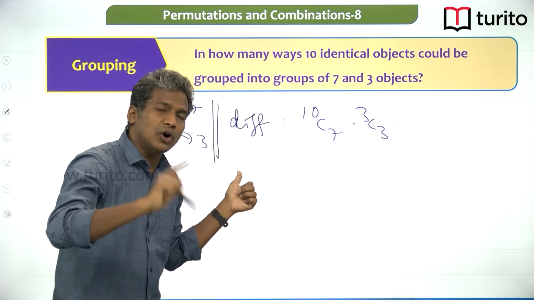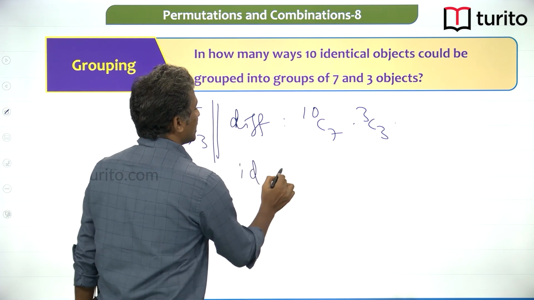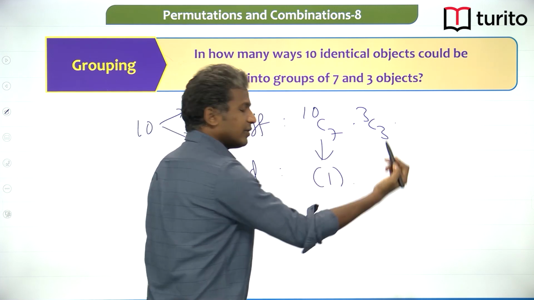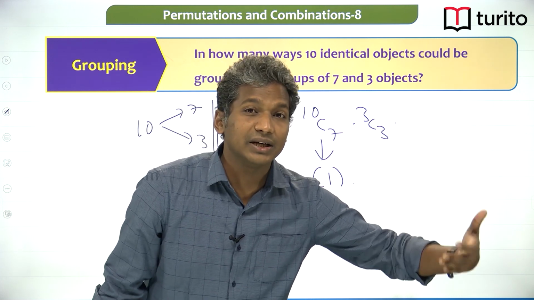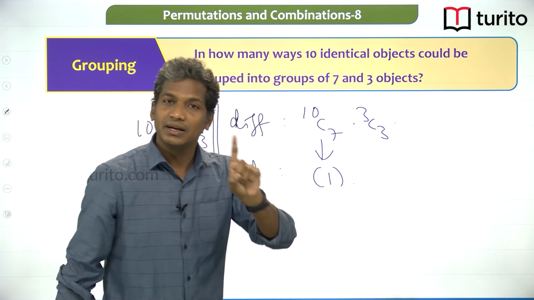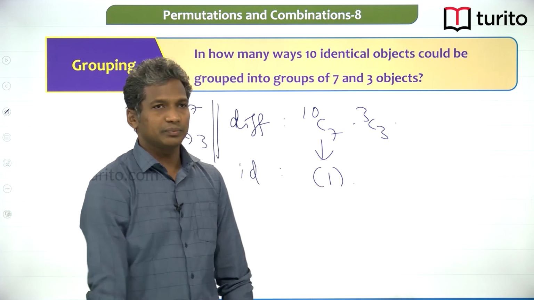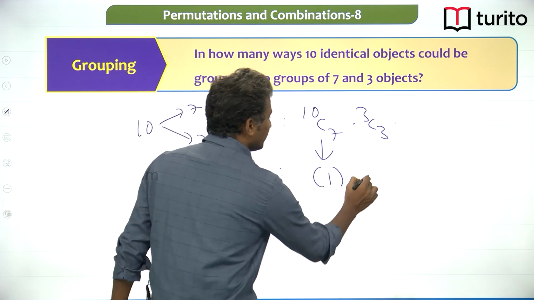Now, what happens when the objects are identical? So, if the objects are identical, in place of 10C7 we will get only one way, because you can select any 7 objects from the given 10 identical objects in only one way, because when objects are identical, any selection is only one way, and from the remaining 3 can be selected in one way only.